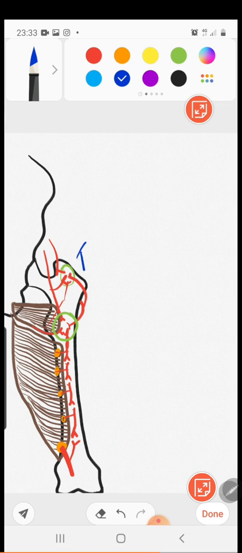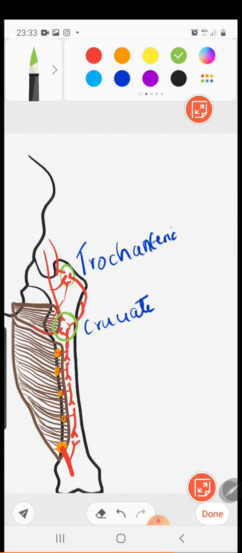This is called the trochanteric anastomosis. Okay, trochanteric anastomosis over the trochanteric fossa in relation to the greater trochanter. Cruciate anastomosis is at the junction between quadratus femoris and adductor magnus in relation to the lesser trochanter.